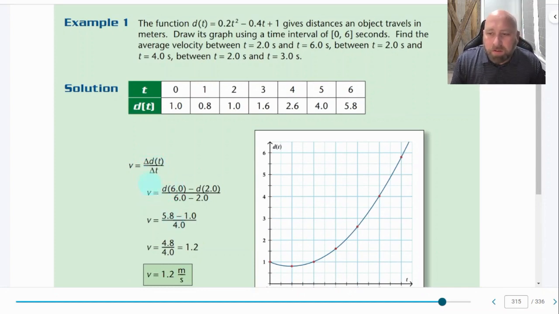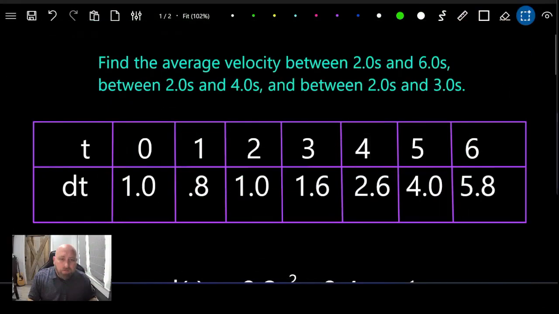For example, let's do this first one. Let's come over here to the computer and look at it. If we want to find the average velocity between these two time intervals, between 2 seconds, this one right here, and 6 seconds, this one right here, think of this as during this block of time, what was our average velocity?